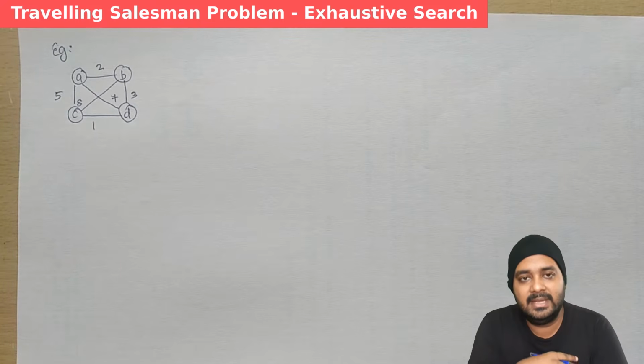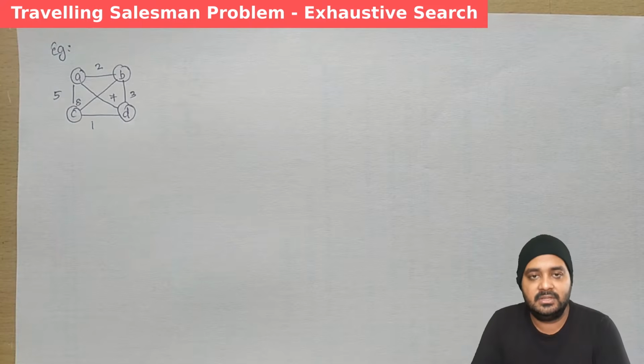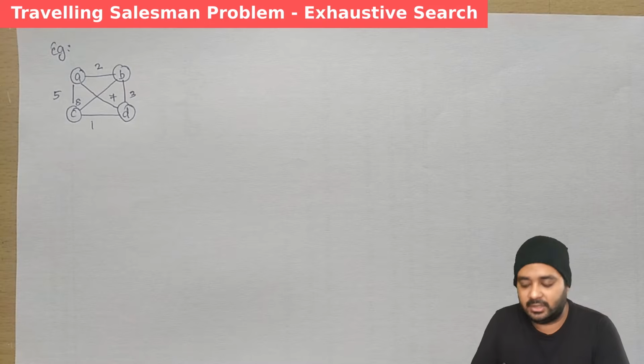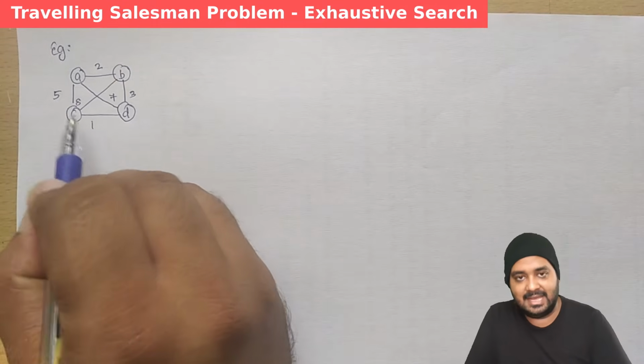Since we are following an exhaustive search, which follows a brute force approach, we have to come up with all the possible paths from the starting node, calculate the distance for all of them, and then take out the optimal solution. So for example, here we have this graph.